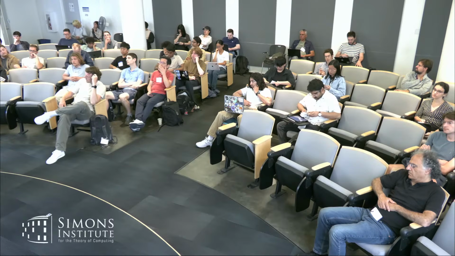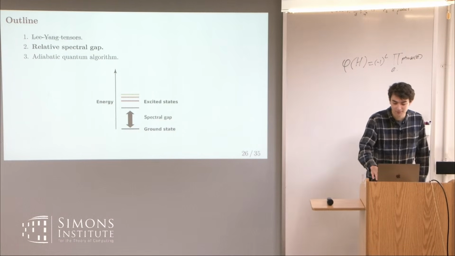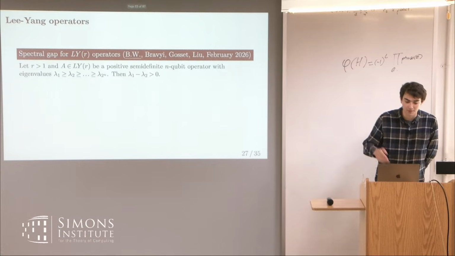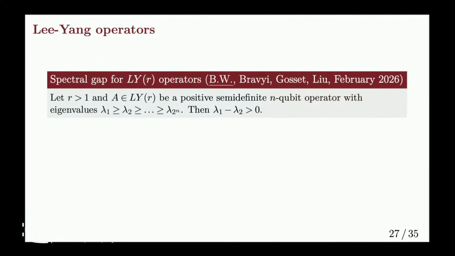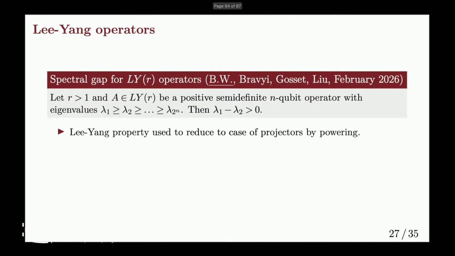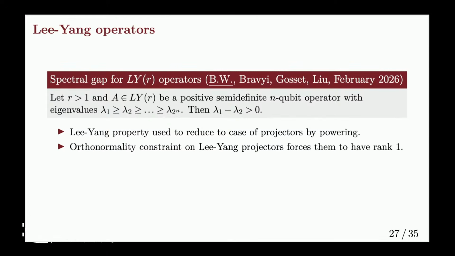Okay. Now we can talk about how the spectral gap actually comes up. In our February paper, we showed that if you have a positive semidefinite n-qubit operator with a Lee-Yang radius strictly greater than 1, then you have some spectral gap. The proof of this reduced to the case of projectors by taking a big power of A. And one way the Lee-Yang property comes in is that the projector has to have rank 1.